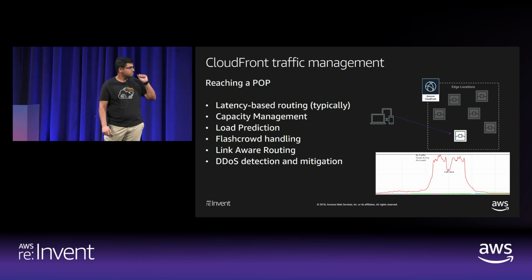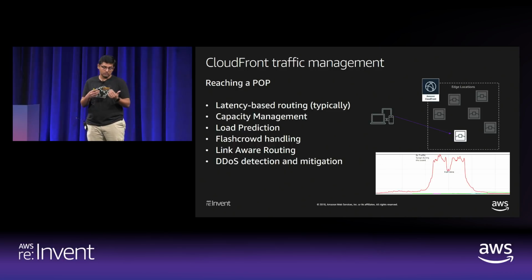Lastly, in addition to surges in legitimate traffic, we may also see surges in malicious traffic, which is DDoSes. So CloudFront has various mechanisms that automatically detect and mitigate these as well. Plus, there are additional AWS products like Shield, which you can use to enhance this protection further.